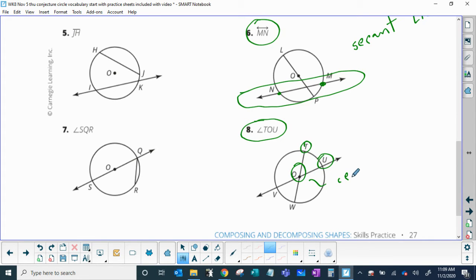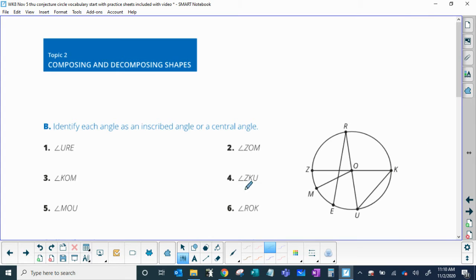It uses the center, therefore it's called a central angle. All right, next. We did these on Tuesday, so ZOM. There's a Z, there's an O, there's an M. Uses the center, so that's called a central angle.